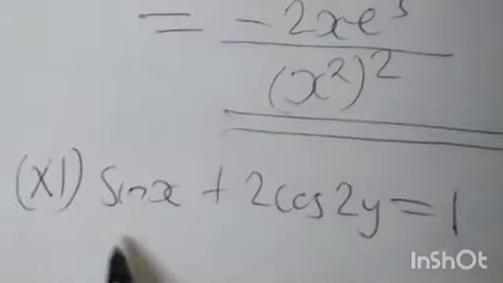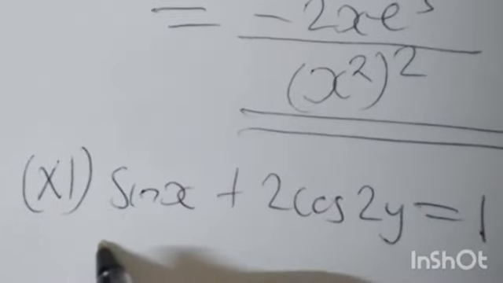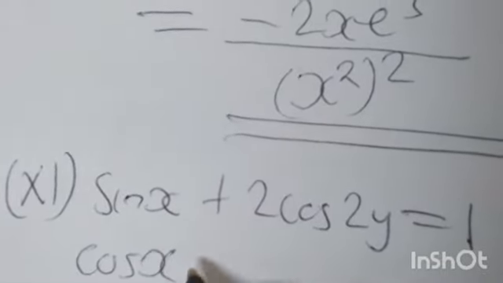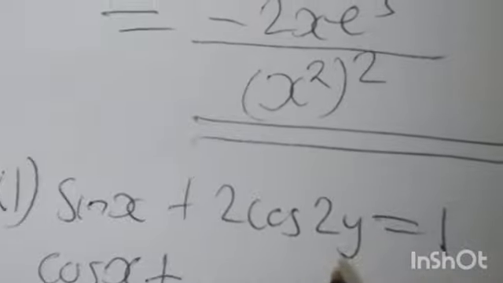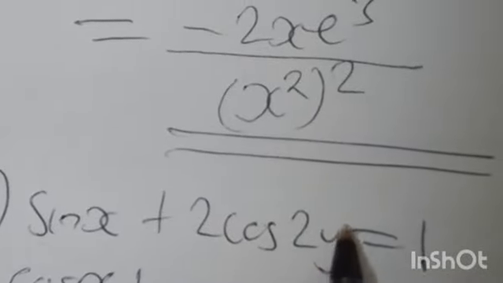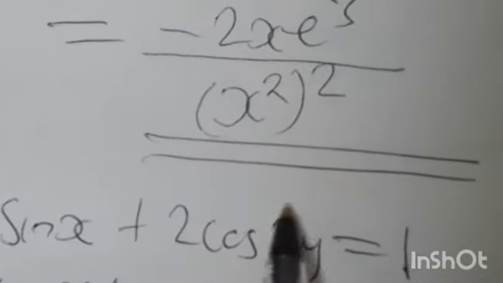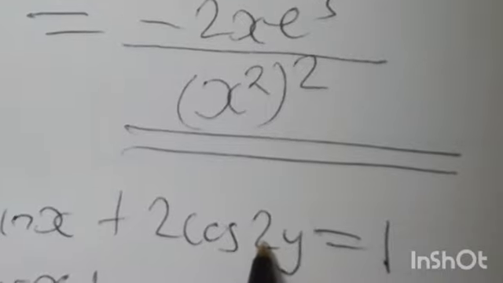So let's simplify things as quickly as possible. What's the differentiation of sin x? It is cos x plus. For cosine functions, we first differentiate this part here. Differentiation of 2y is 2 dy over dx.